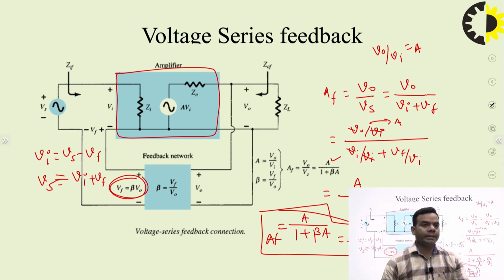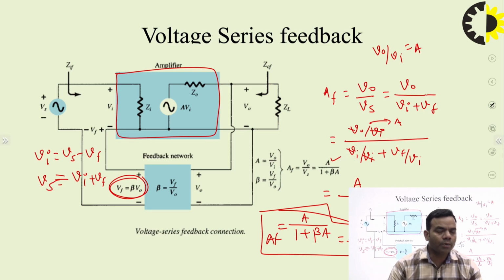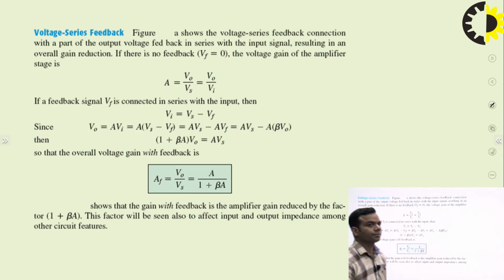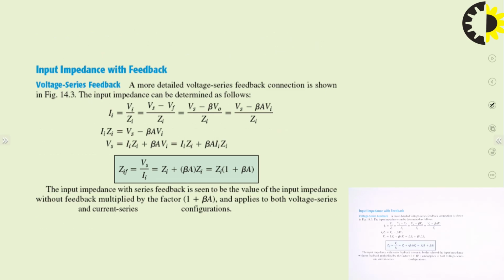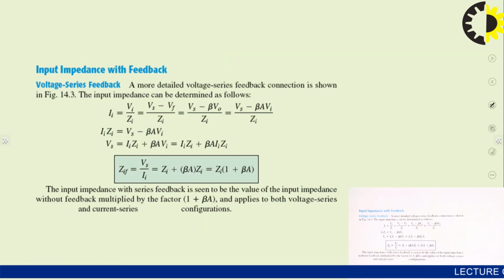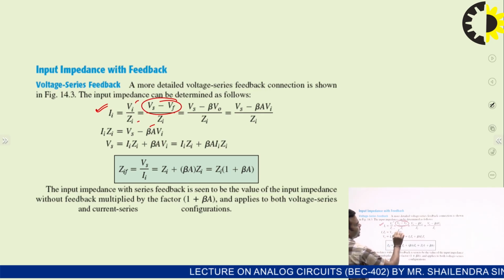Now our next task is to find out the input and output impedance. We have already found out AF. Now let us find out the input impedance with feedback. So Ii is equal to Vi upon Zi, and Vi is equal to Vs minus Vf upon Zi.